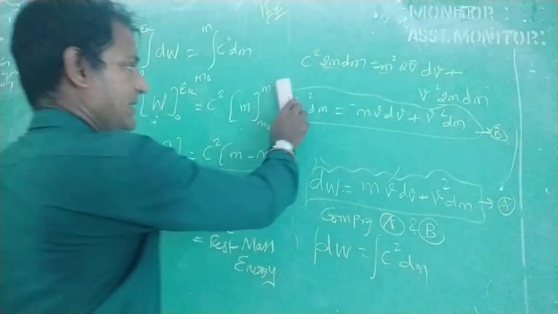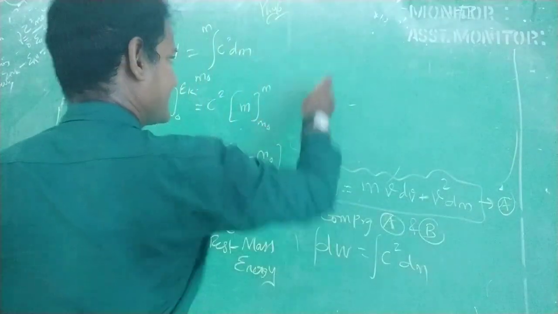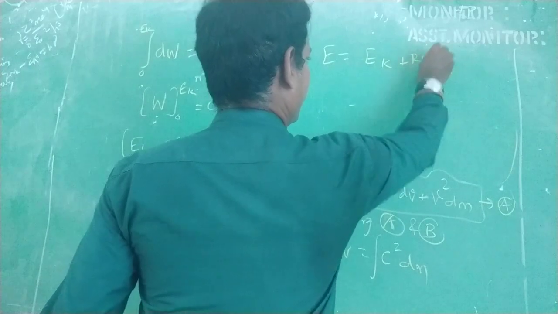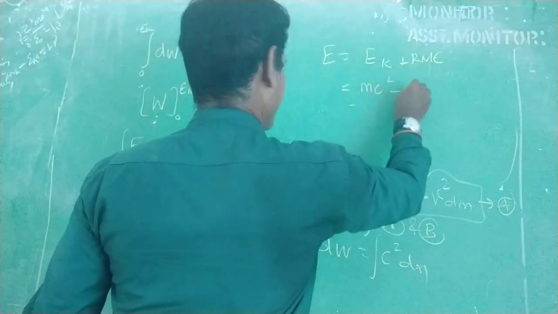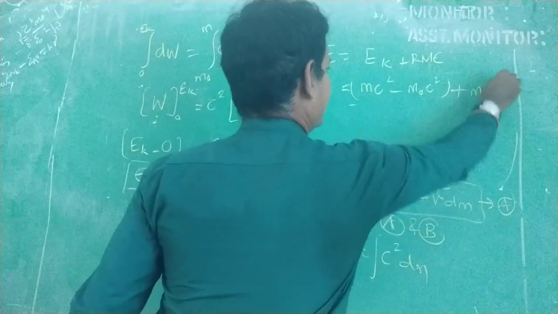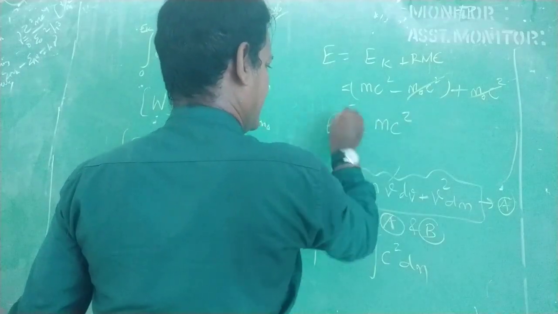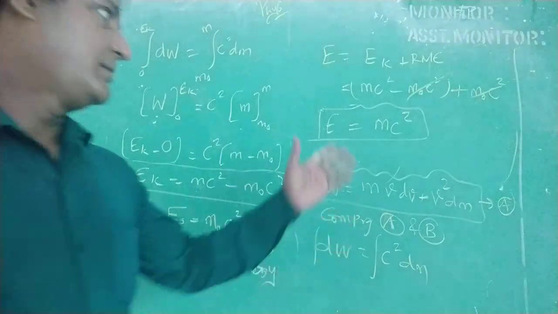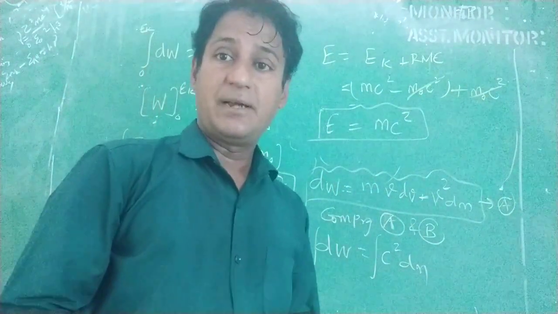So, the total energy of the moving object is E is equal to Ek plus rest mass energy, that is mc squared minus m naught c squared plus m naught c squared. So both will be cancelled. At last we derive Einstein's mass energy equation. Thank you. I think you would have understood.